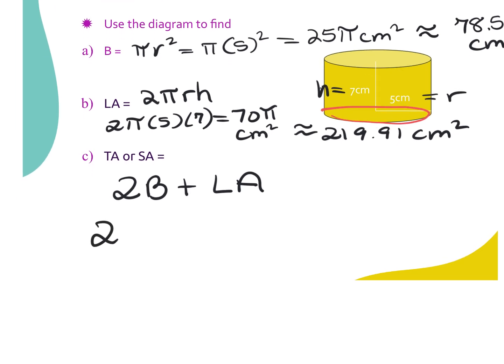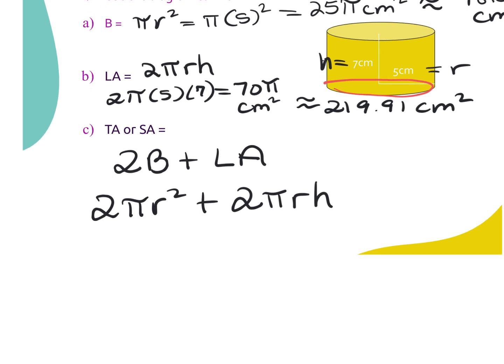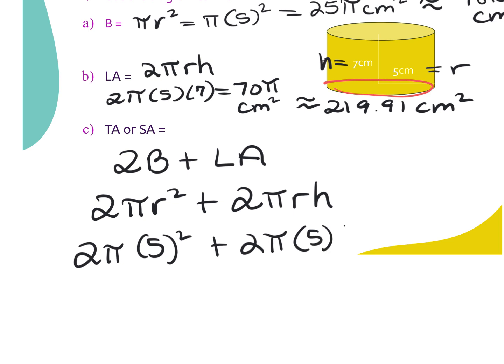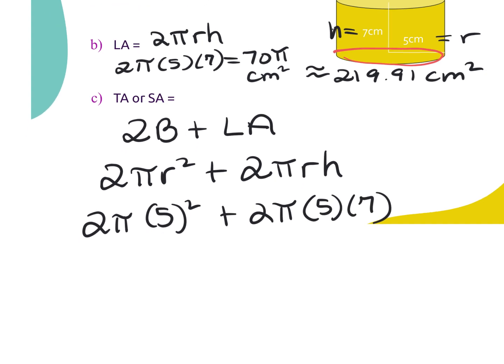So it's 2 circles, so 2 pi r squared, plus the lateral area, 2 times pi times the radius times the height. So let's go ahead and fill it in. 2 times pi times 5 squared plus 2 times pi times 5 times 7.